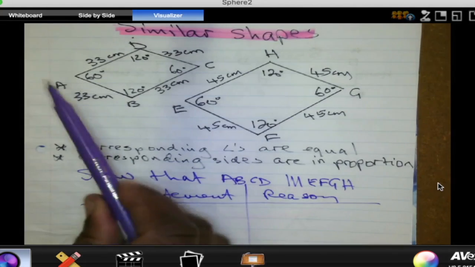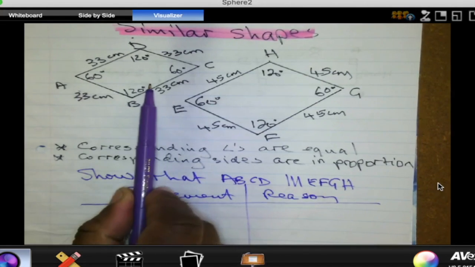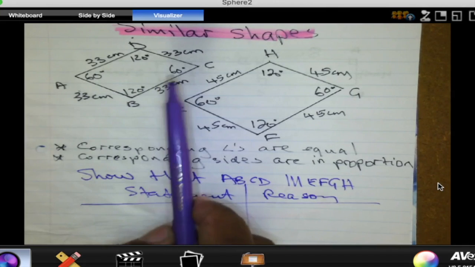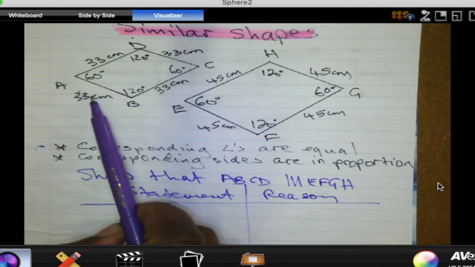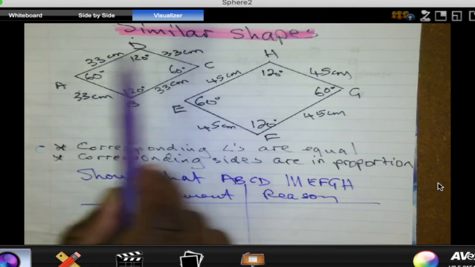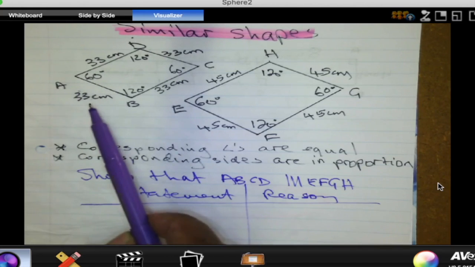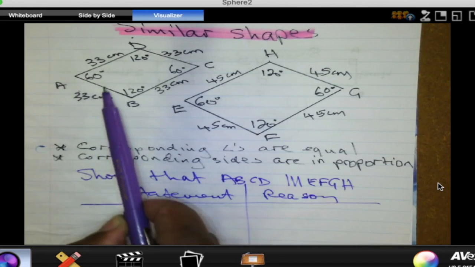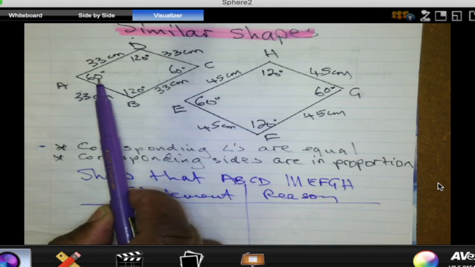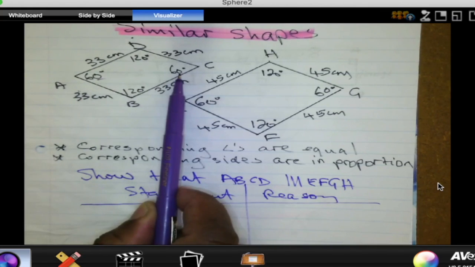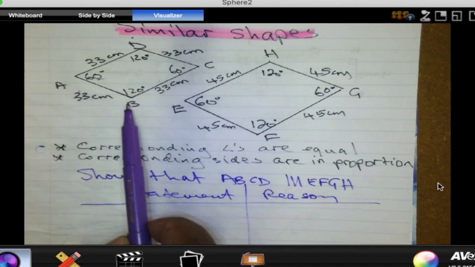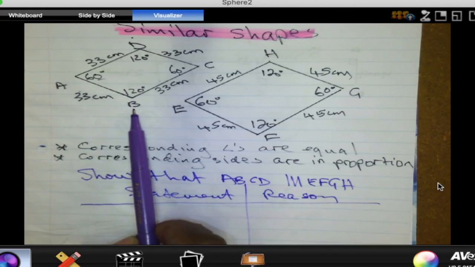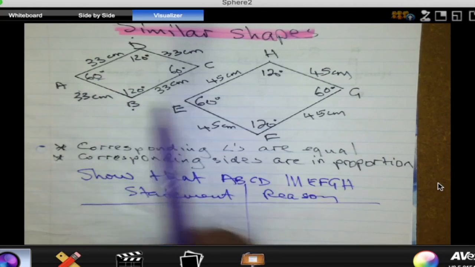Right, so ABCD, that quadrilateral, you will notice is all four sides equal, 33 centimeters each. One angle there is 60 degrees and the opposite angle there is 60 degrees and so on. So you can almost tell that is a rhombus, right? That should be a rhombus.